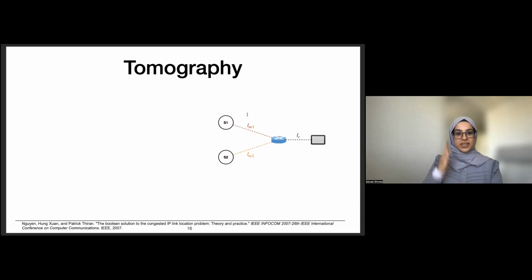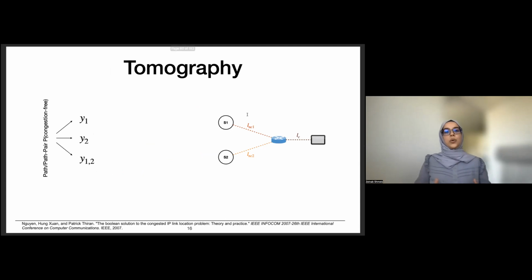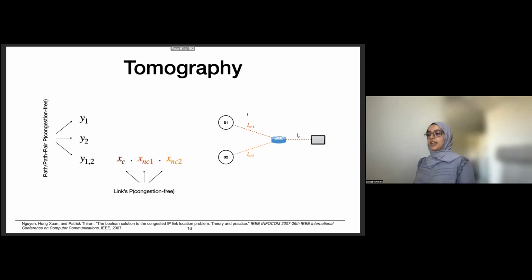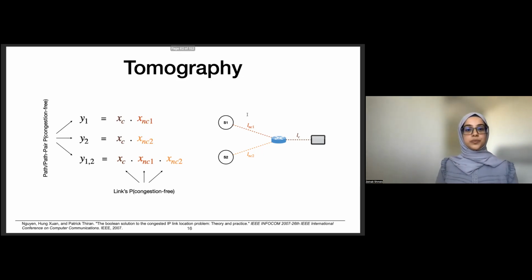Tomography is an algorithm that tells us that if you know how often these paths are not congested, which is congestion free, and how often these paths are not congested at the same time, you can infer how often the links are congestion free. And you do this by simply solving a system of equations.